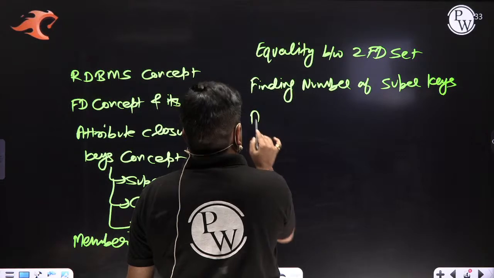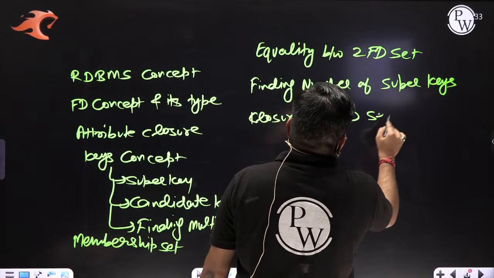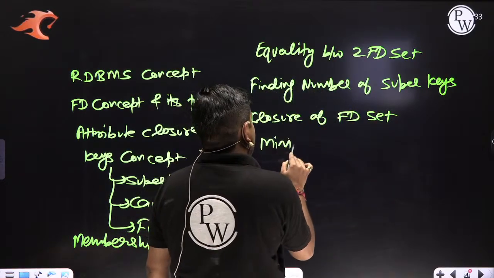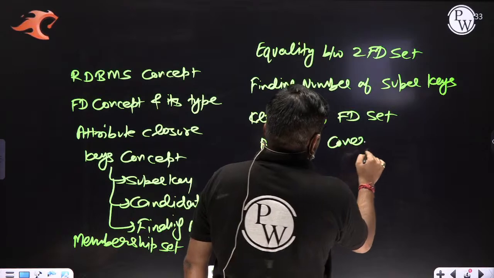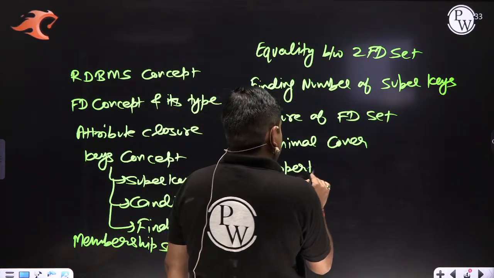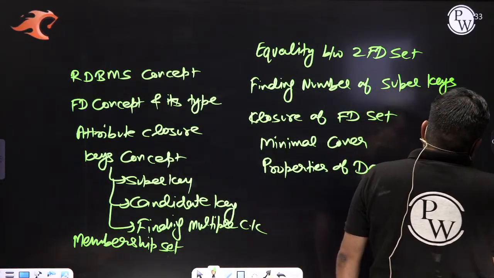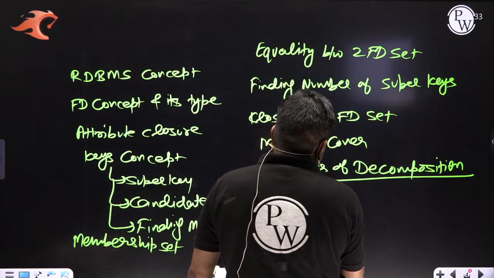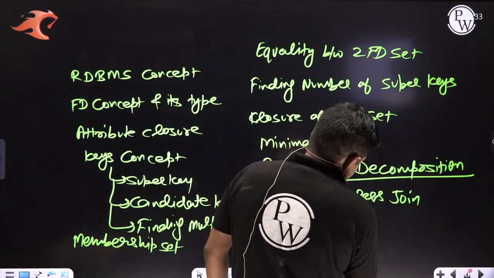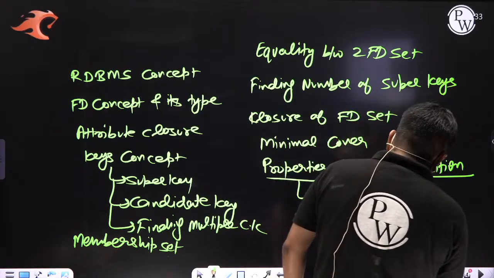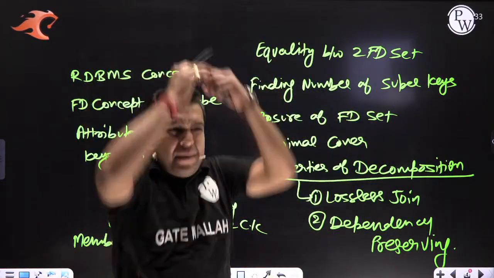Then we discussed FD closure, closure of an FD set and redundant FD, or minimal cover or canonical cover, and properties of decomposition, in which there are two parts: lossless join and dependency preserving, my dear students.